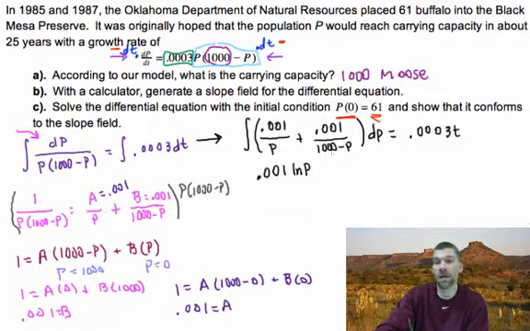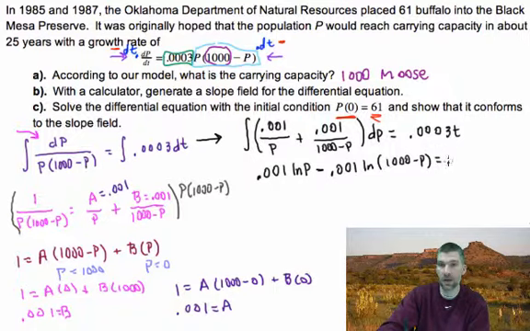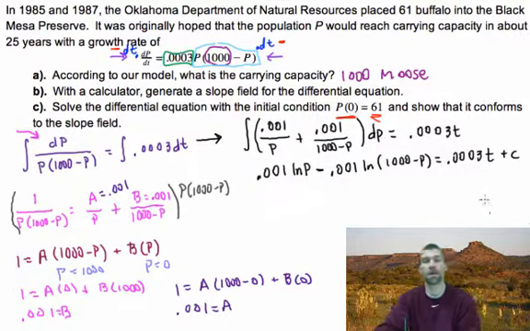That 1,000 minus p means we're going to have minus, instead of plus, minus 0.001 times the natural log of 1,000 minus p. Okay? And that's going to equal 0.003t plus c. Okay?